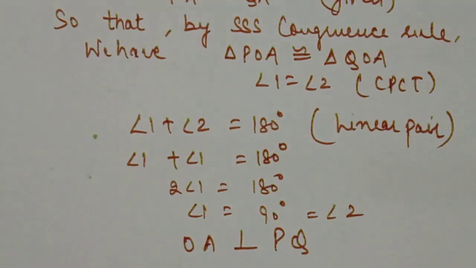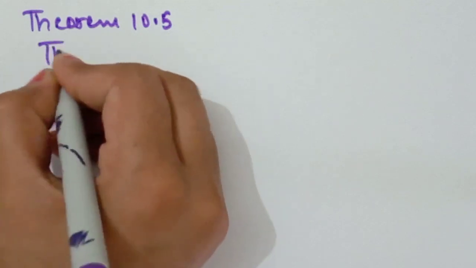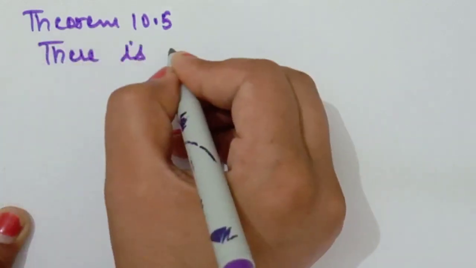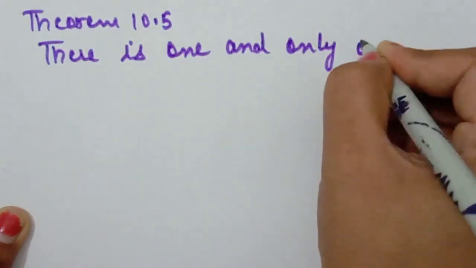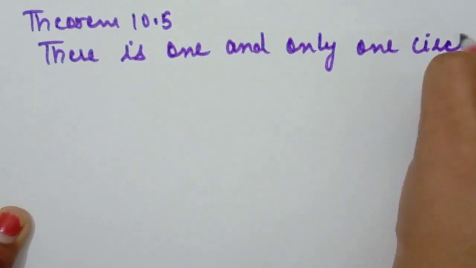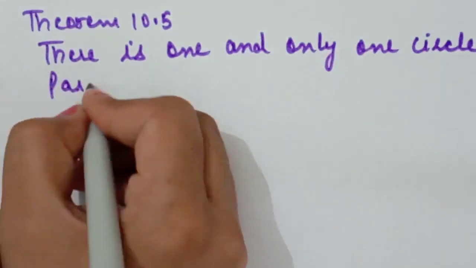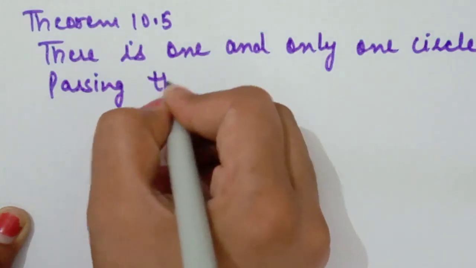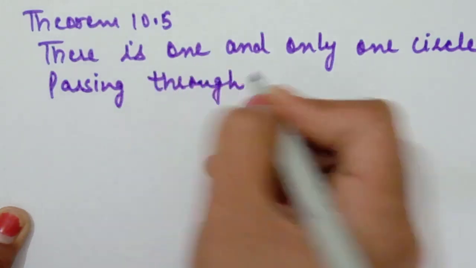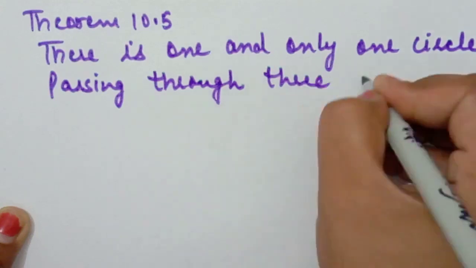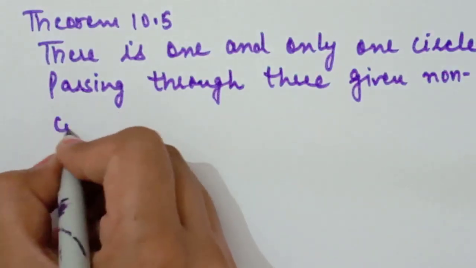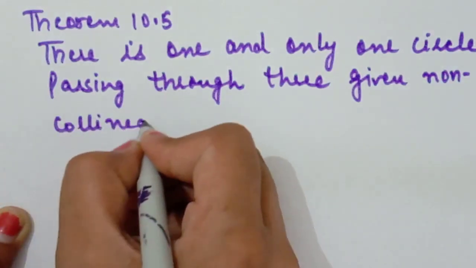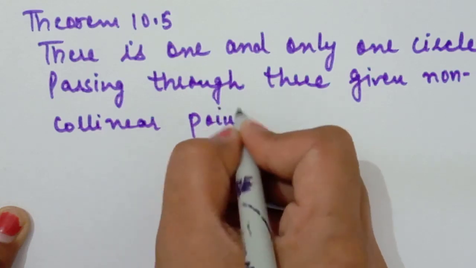Now next theorem. Theorem 10.5 is the statement: there is one and only one circle passing through three given non-collinear points.